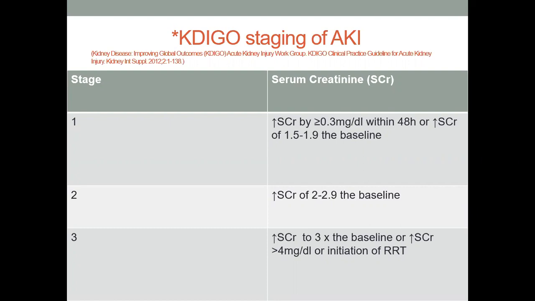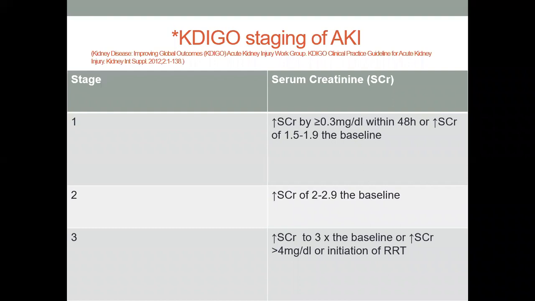So stage 1 is when there's an increase in serum creatinine level by more than 0.3 milligram per dL within 48 hours, or an increase in serum creatinine of between 1.5 to 1.9 times the baseline. That's stage 1. Stage 2 is when you have an increase in serum creatinine of between 2 to 2.9 times the baseline.